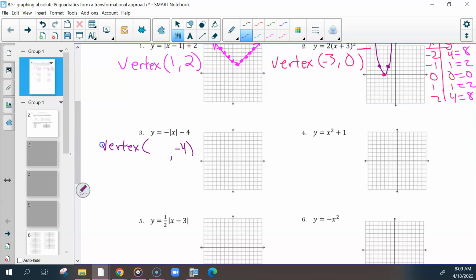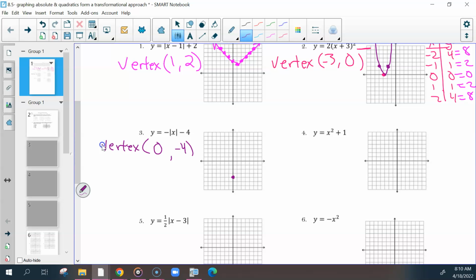No. There's nothing on the inside. -4 we see would be the second number. 0, -4. So this -4 moved it down 4.